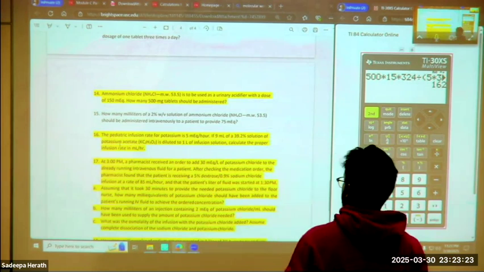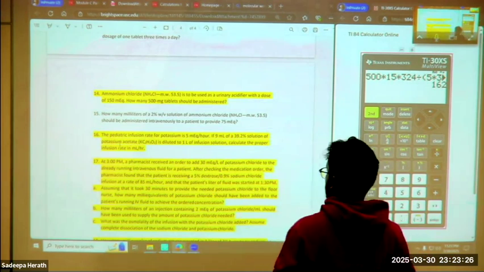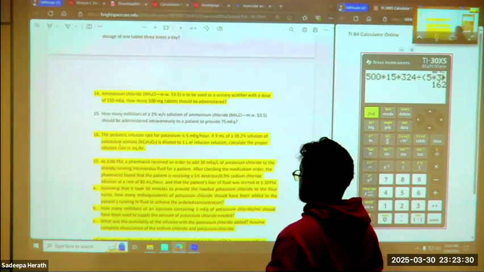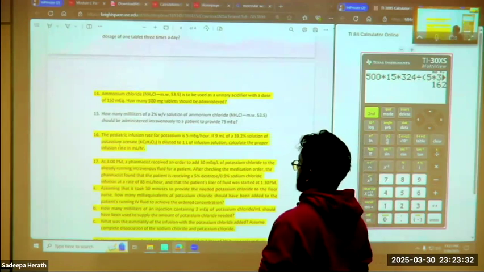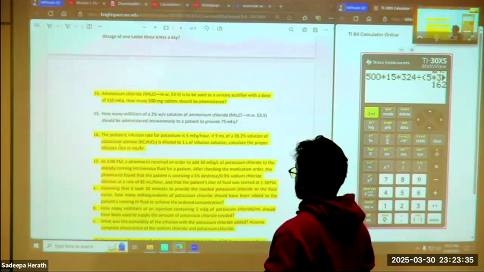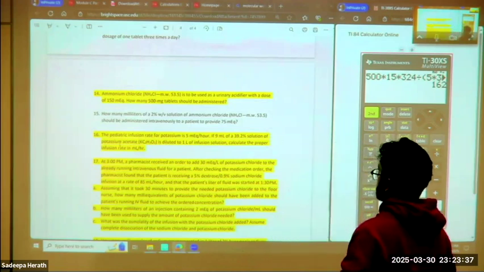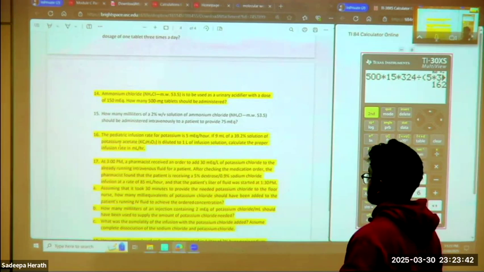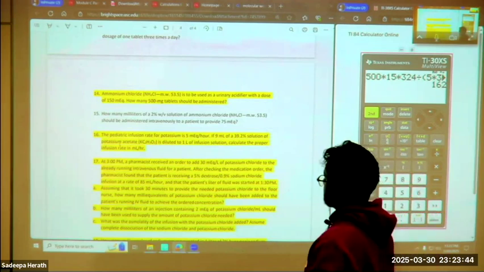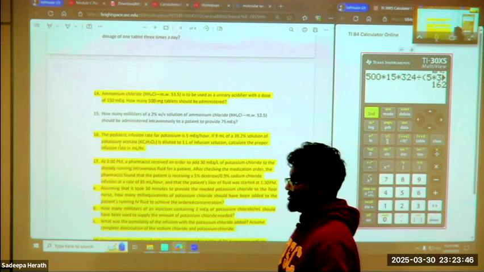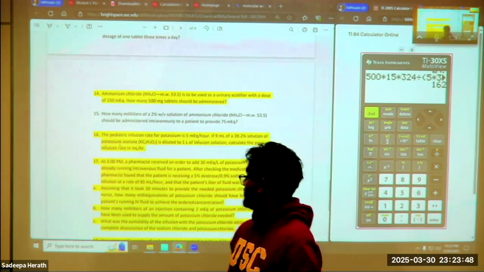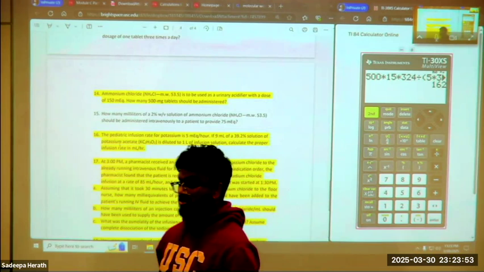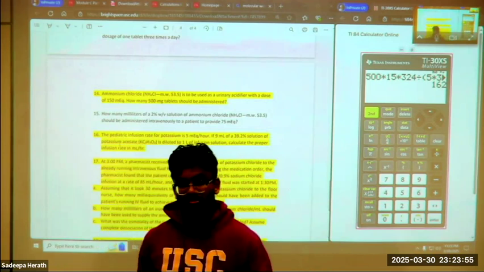All right, 14. Ammonium chloride is to be used as a urinary acidifier with a dose of 150 MEQ. How many 500 milligram tablets should be administered? So we're just given a MEQ, right, for ammonium chloride, and we need to divide that as tablets, right?